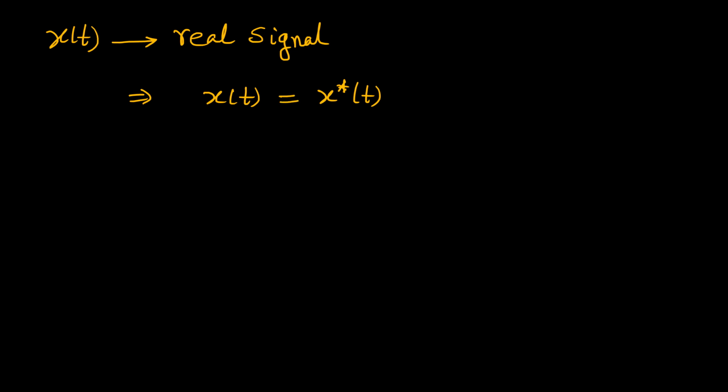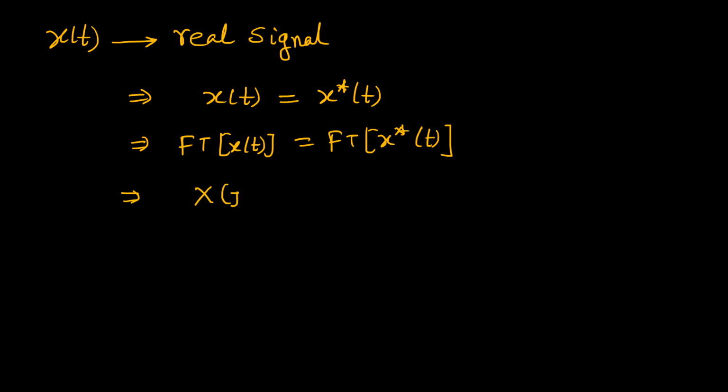Now if I take the Fourier transform on both sides, the Fourier transform of x t should give the Fourier transform of x star t, and it will remain the same. Now we know that the Fourier transform of x t is, suppose, capital X of j omega, and the Fourier transform of x star t by the conjugate property is X star of minus j omega, right?